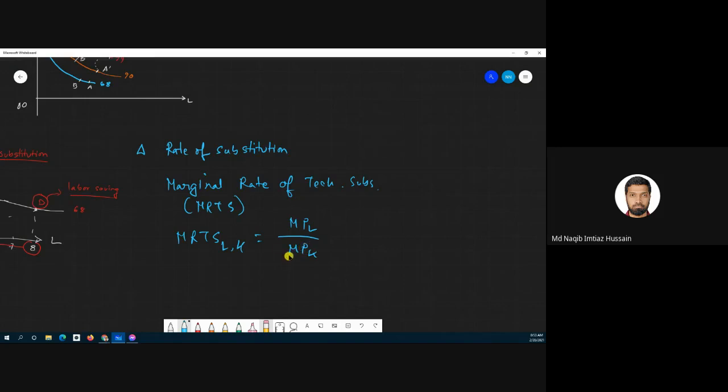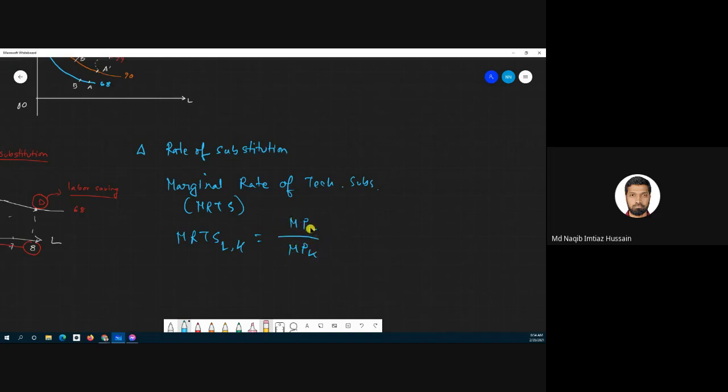okay? তার মানে কি? With every increment of one labor, your output jumps higher. Can you see this?